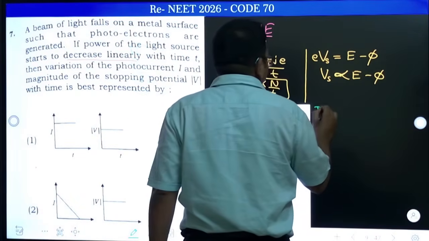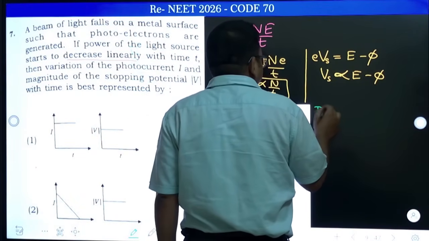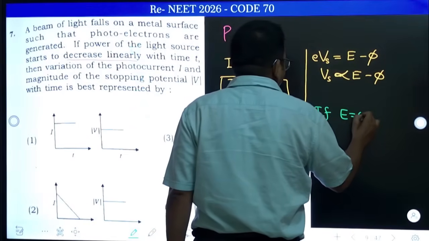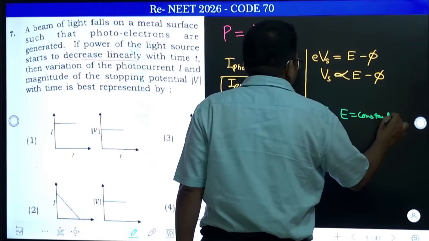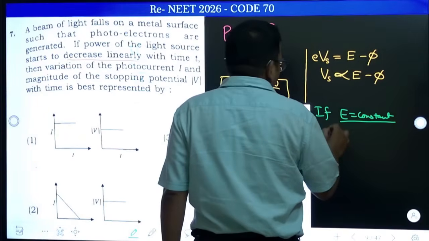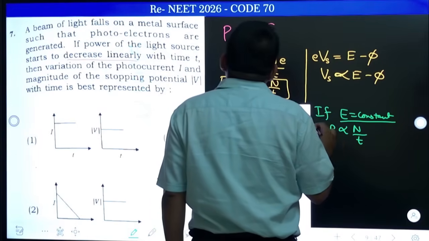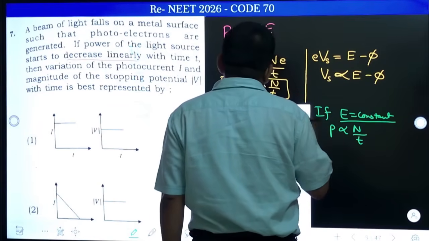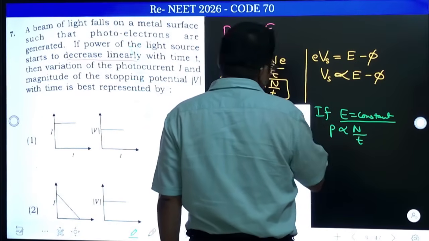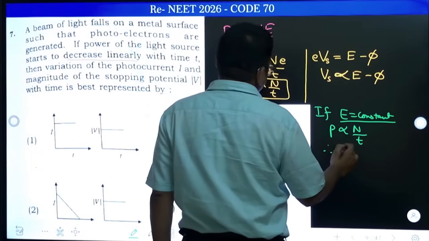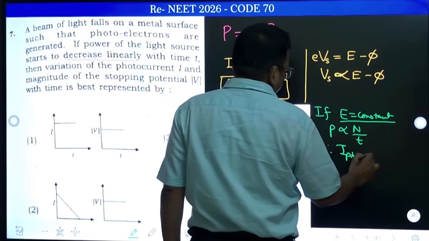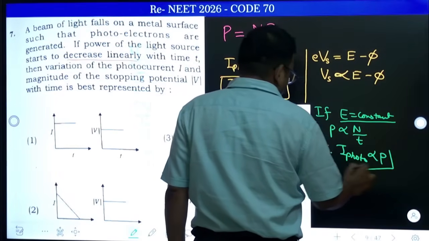So this is the first assumption. If E is constant, then power is proportional to n by t, right? And photocurrent is also proportional to n by t, right? Photocurrent is anyway proportional, so we can say that photocurrent is proportional to power in that case.